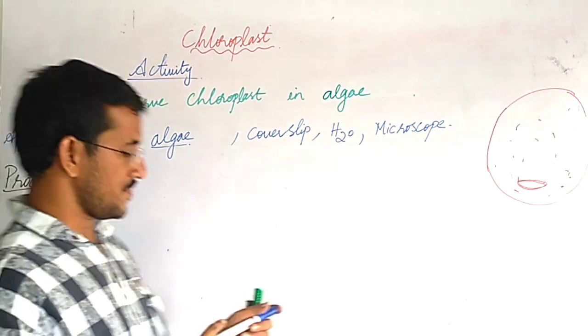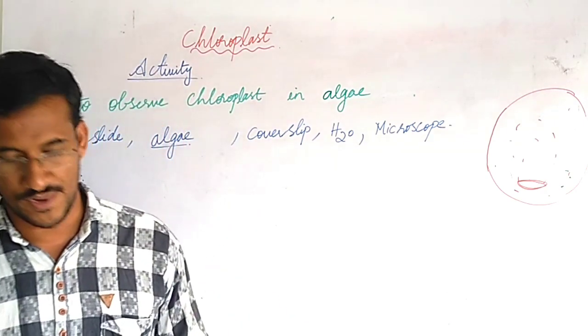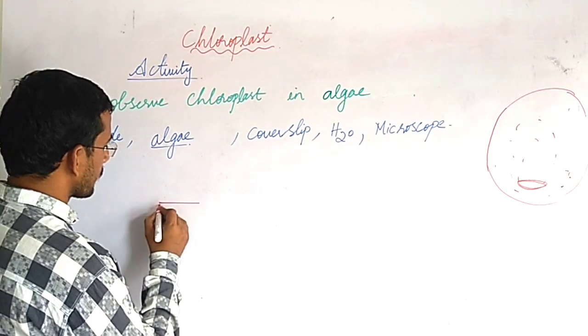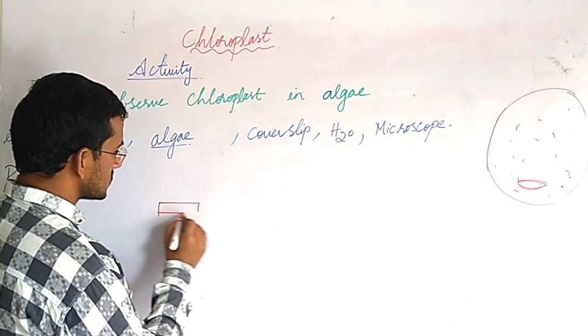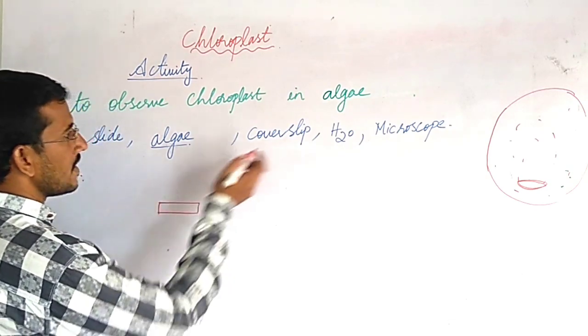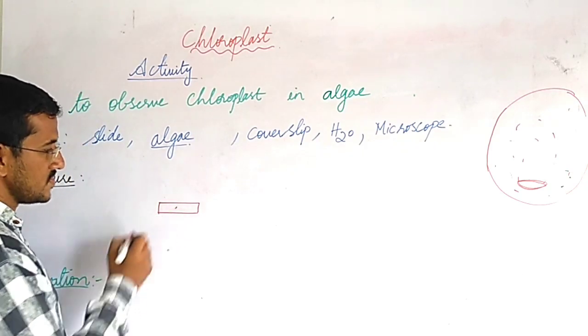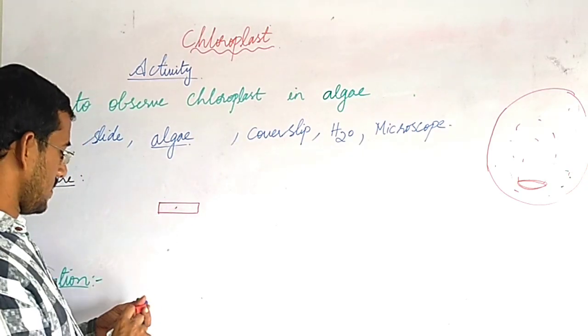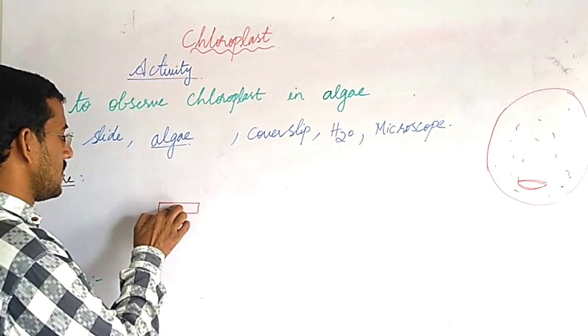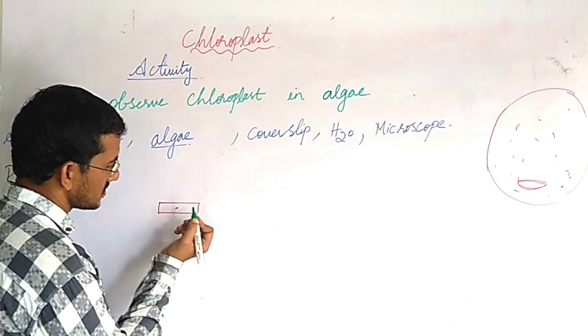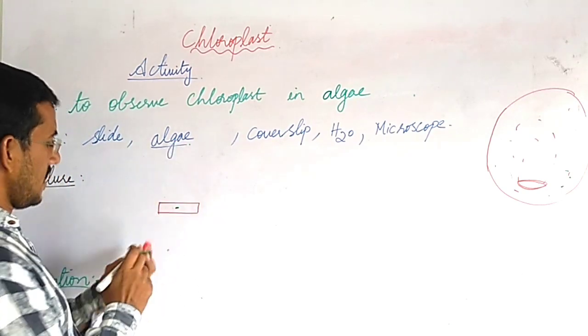Now let us see the procedure. The procedure is very simple. Take a slide. On this slide, place a small piece of algae, which is green in color. Generally these algae are green in color, so I am mentioning it with green color. So think this is an algae.